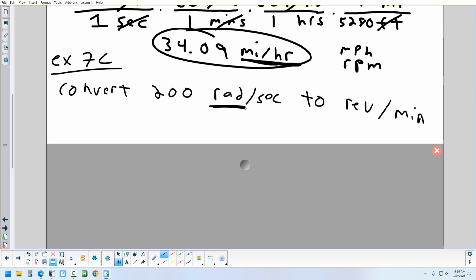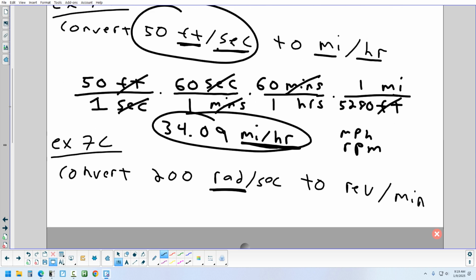We have an object that is spinning at 200 radians per second, and they want us to change it to revolutions per minute. Okay.